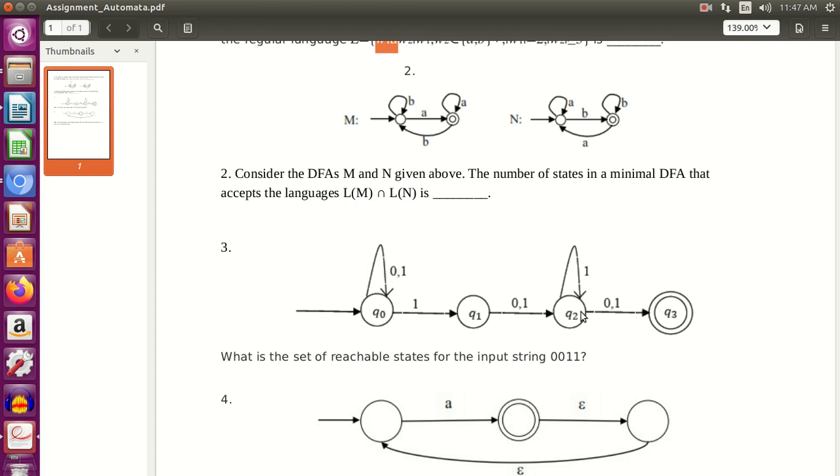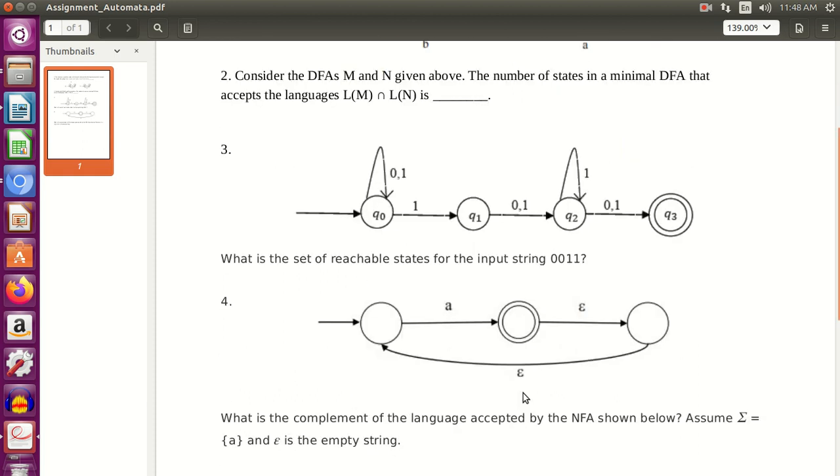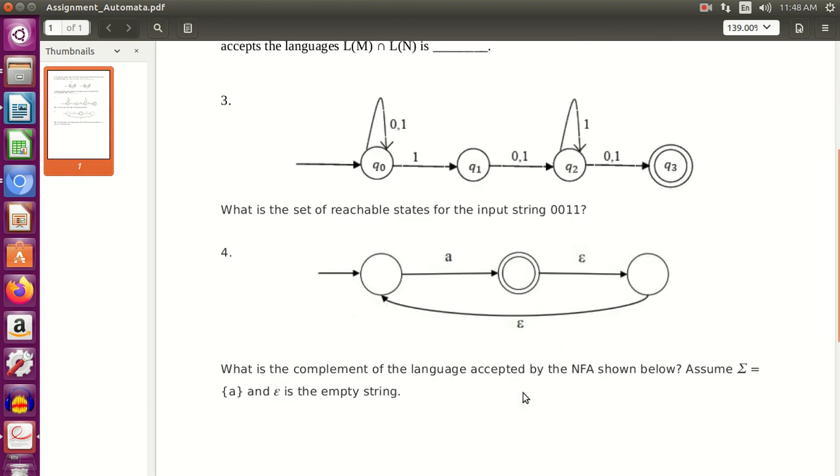Okay. Fourth one. So, what is the complement of the language accepted by the NFA shown above? Assume that the alphabet set is A and epsilon is the empty string. Okay.